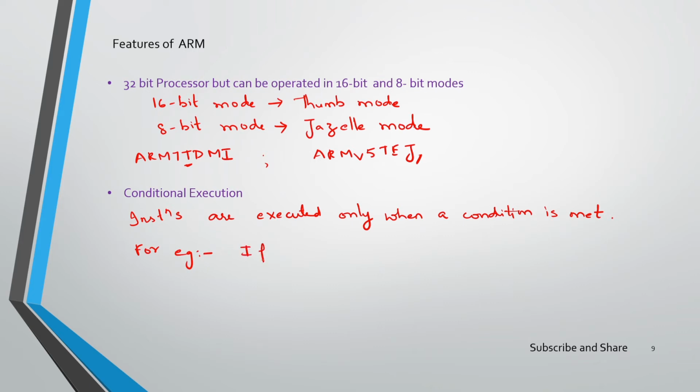Suppose I have to write a program: if R0 is not equal to 5, then R1 gets R2 plus R0. If R0 is not equal to 5, I have to add the contents of R2 to the contents of R0 and place the result in the R1 register.